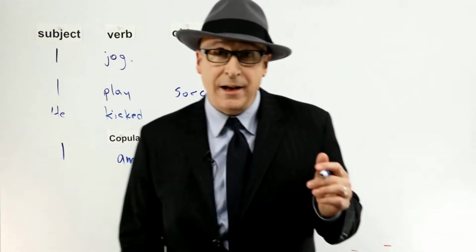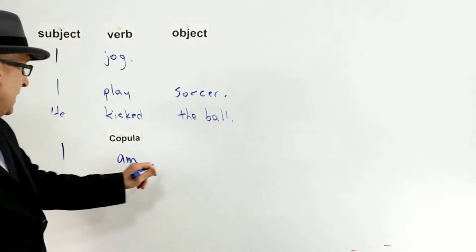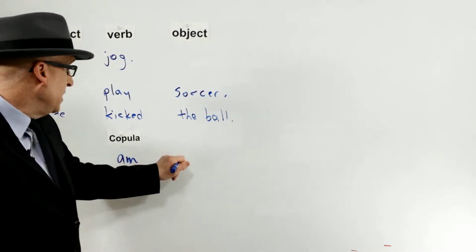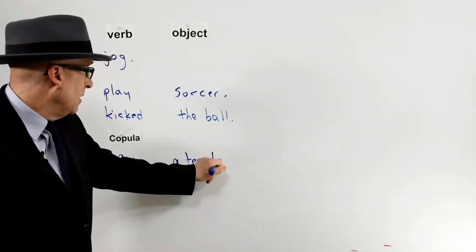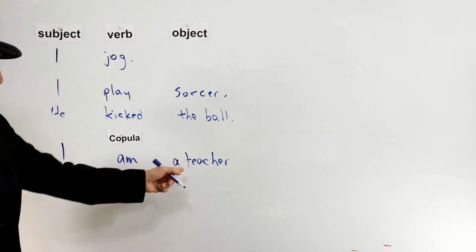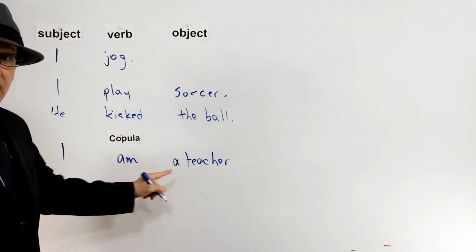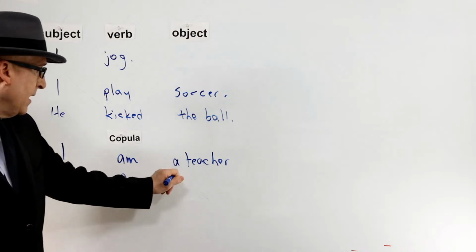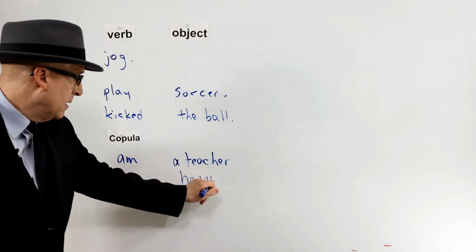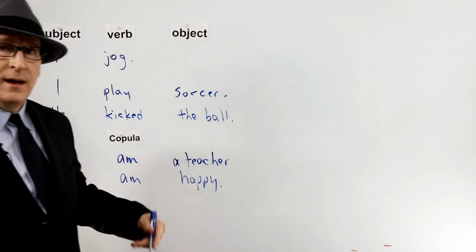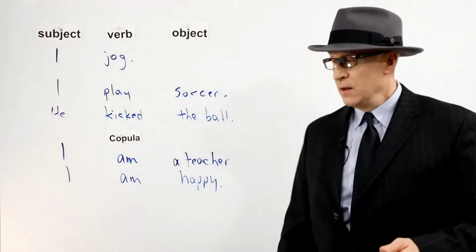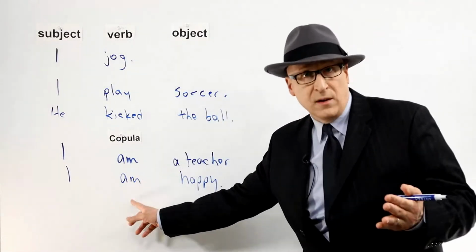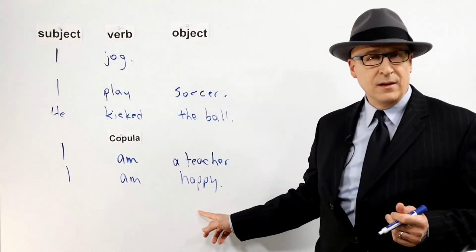So we said we could add a noun. We could say, I am a teacher. That's an object, and it's a noun. We can also say, I am happy. Well, happy is not a noun. Happy is an adjective. So after a be verb, we can put an adjective.